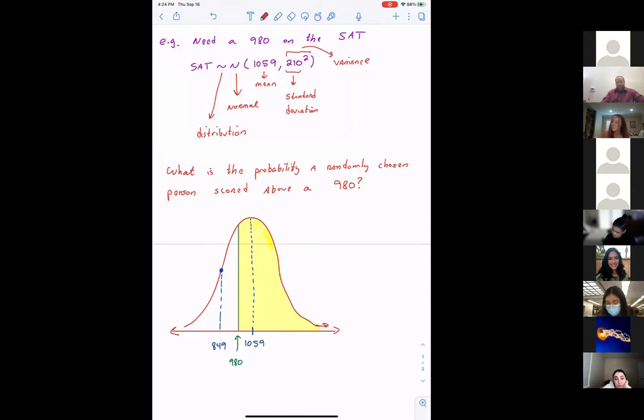Now, as a quick lower bound, if I had to give a number smaller than my answer, what is an obvious number smaller than my answer? 50%. Because if all I focus on is the left side of the curve, that's 50%, correct? That's half the graph.